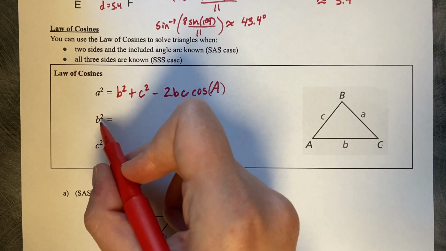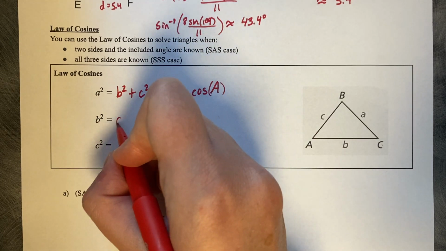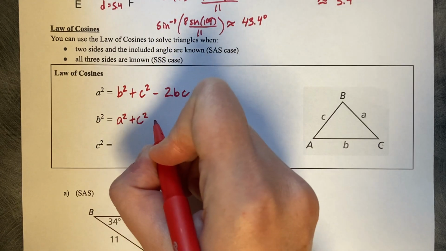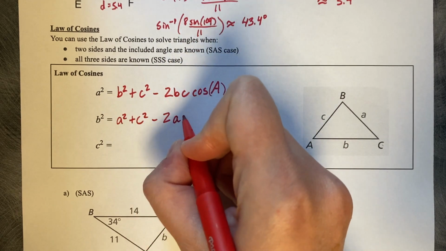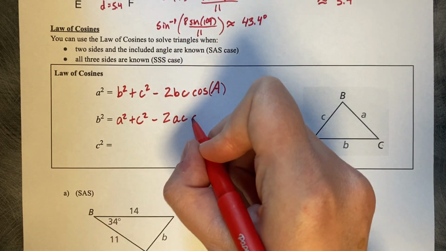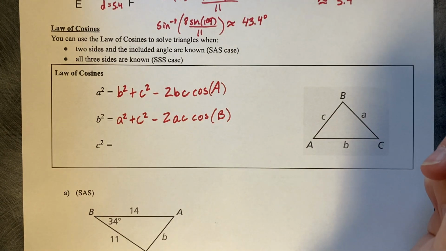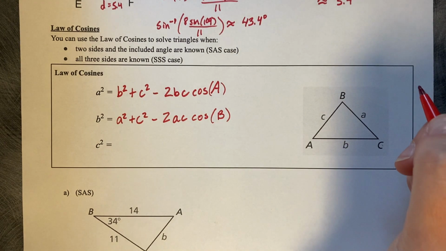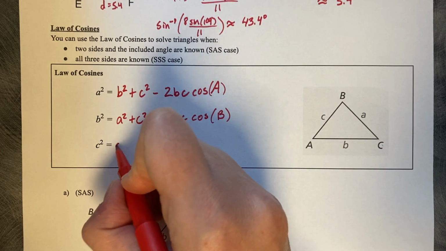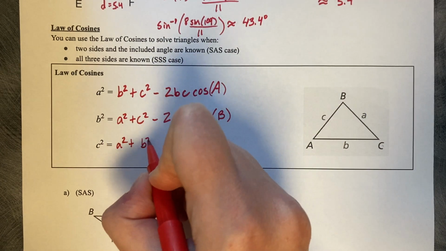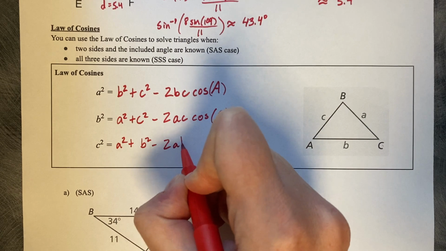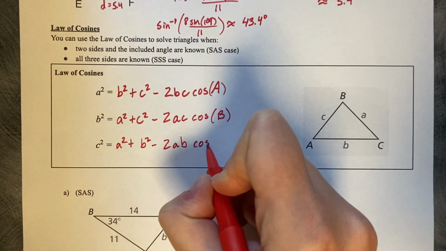So follow that pattern. We've got b squared equals a squared plus c squared minus 2ac cosine of B, the angle that matches your side length b. Again, c squared equals a squared plus b squared minus 2ab cosine of C.